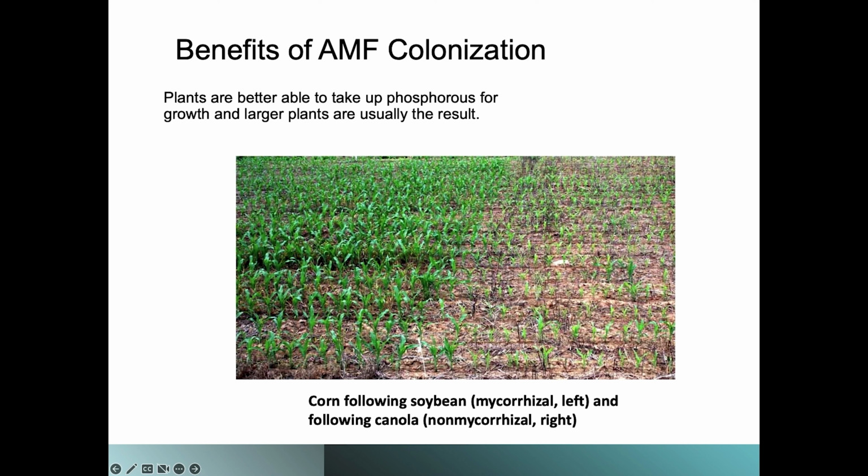Canola is not a mycorrhizal plant, so your inoculum for your corn, the next level, was not there. And then, now, here's the crazy thing. Both of these fields were fertilized the same way. The plant was not able to use that fertilizer because it didn't have the mycorrhizae to help it.